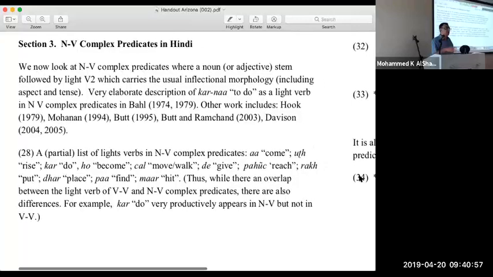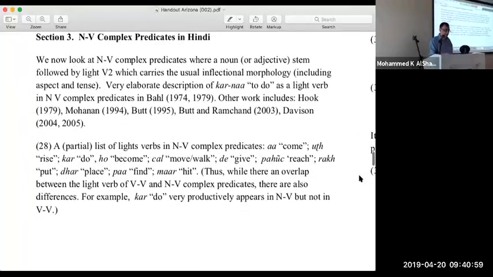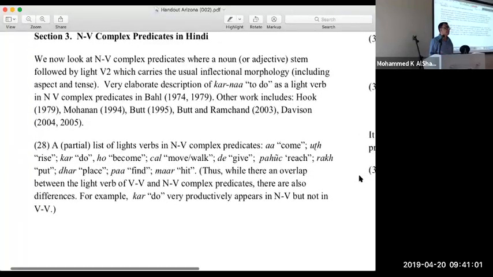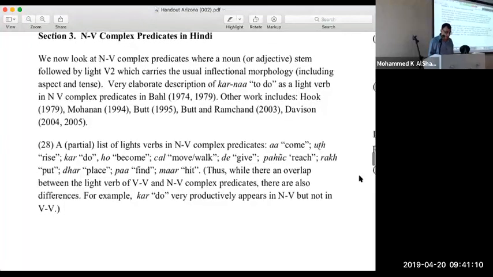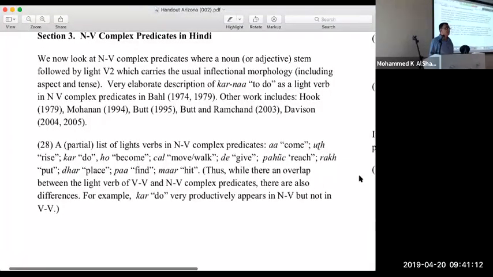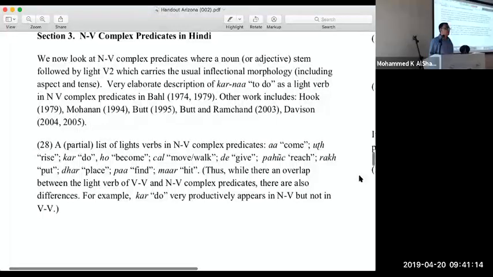Again, these NV complex predicates are not compounds, as you guys know. So you can split them, you can put stuff in between, and so on. So these are completely syntactic constructions. So nothing lexical about them. They're in fact even more productive in certain ways than VVs.